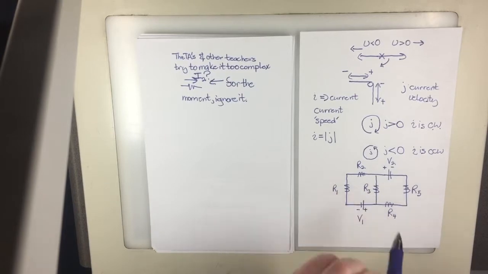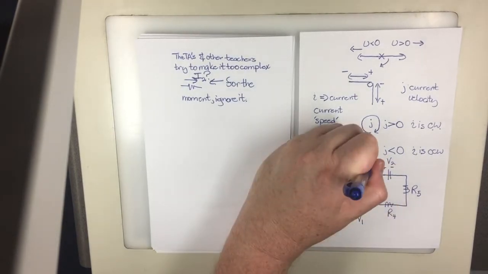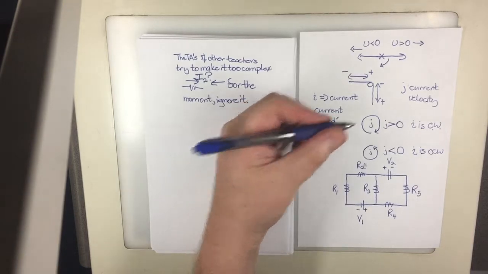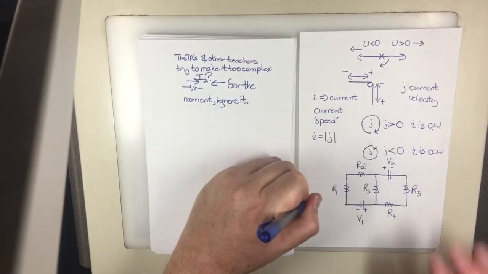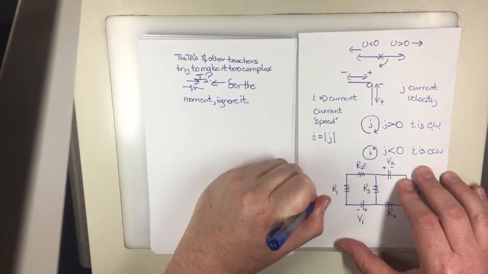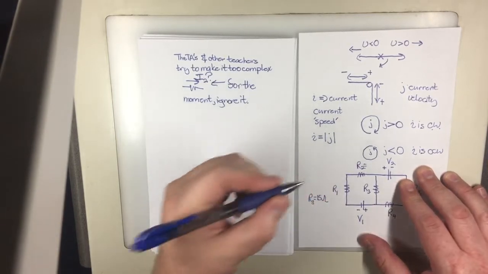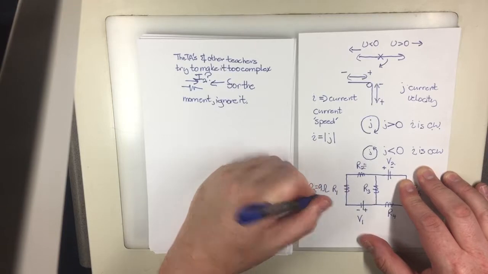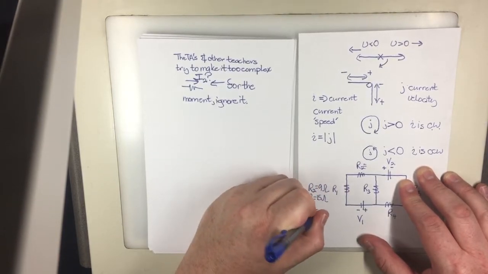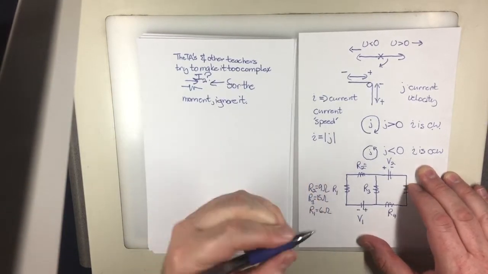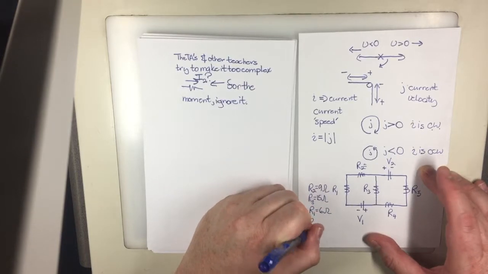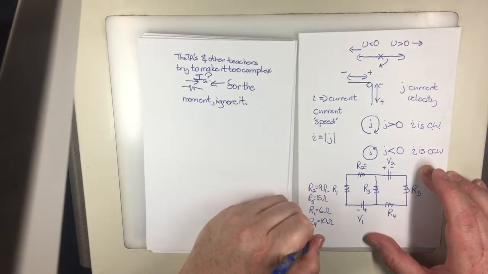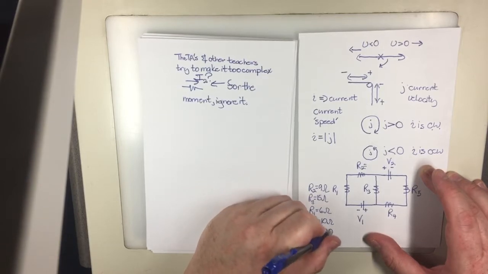When you see a problem like this, and all of these resistors are, hold on, I gotta think of some good values. R3 is 15 ohms, R2 is 9 ohms, R1 is 6 ohms, R4 is 10 ohms, and R5 is 20 ohms.